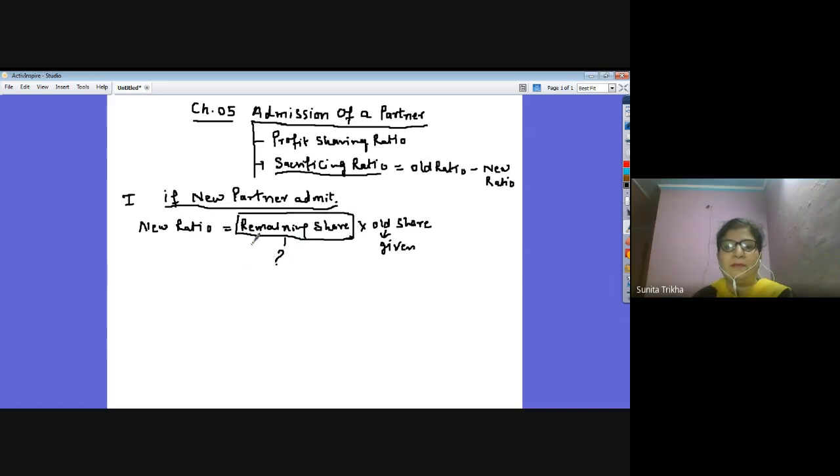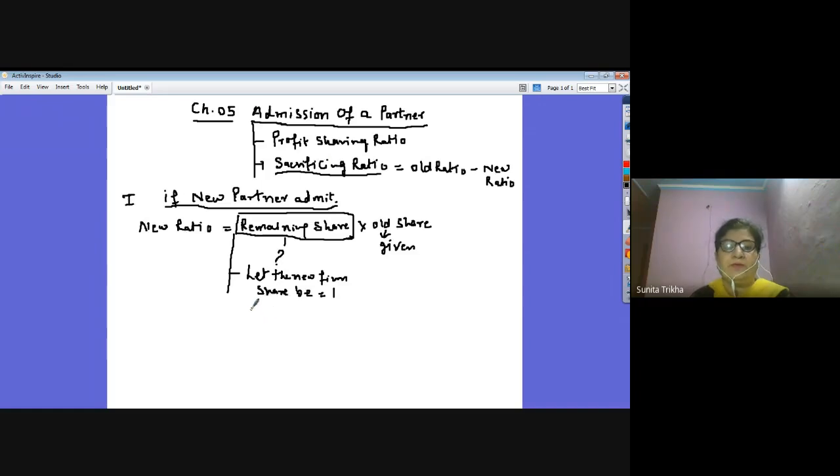How to calculate the remaining share? Let the new firm's share be 1. We will assume the new firm's share is 1, and when we subtract the new partner's share from 1, we will get the remaining share.